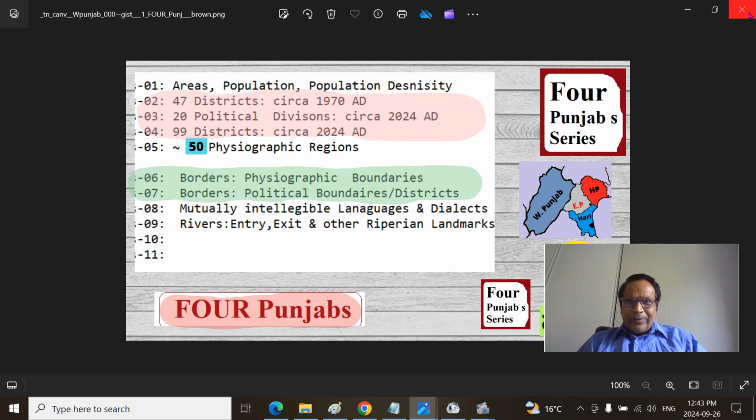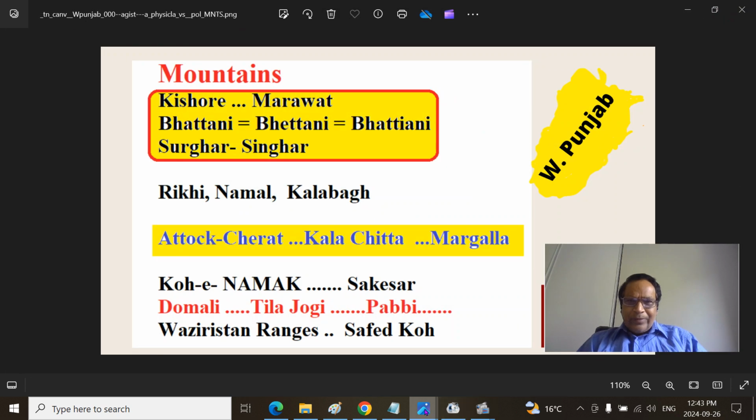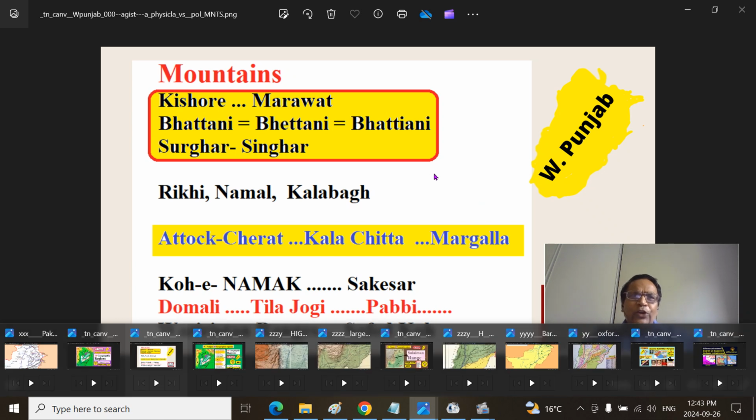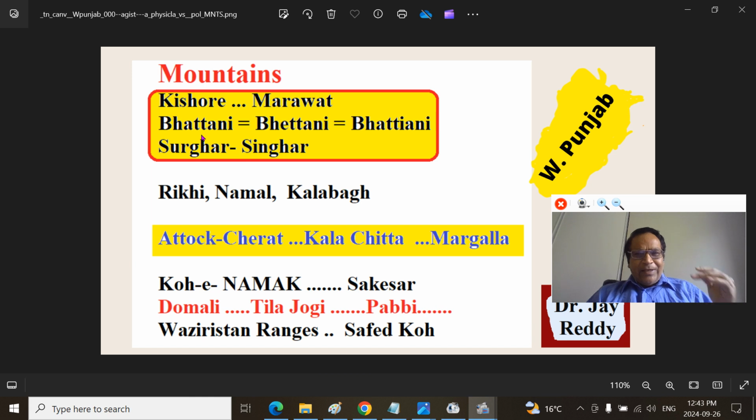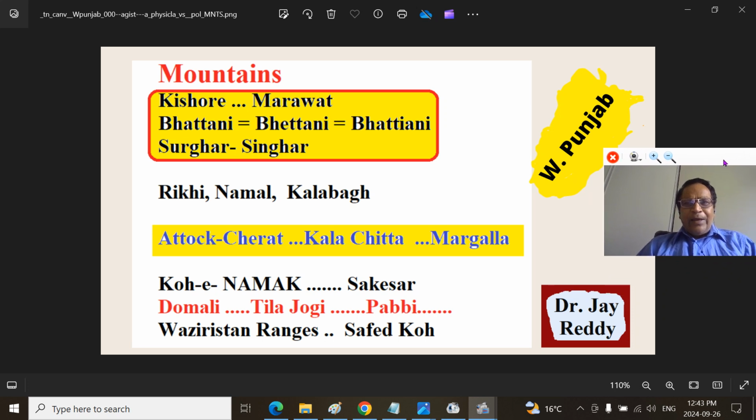Before that, because we'll be mentioning a couple of the mountains in these ranges, and my spelling and pronunciation may be different, I have jotted them down here so that you will have a good understanding. Kishore Mountains, Marwat Mountains, Batani or Batiani or Betani, which are sometimes spelled a little differently.